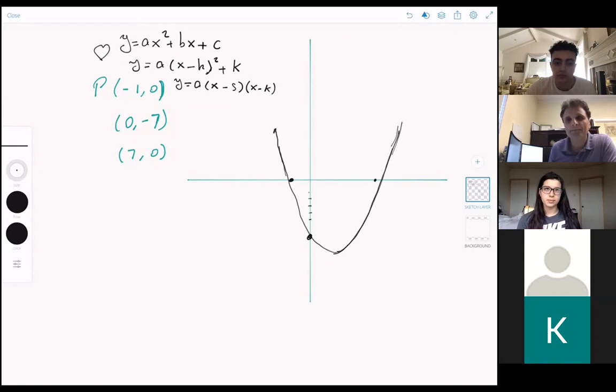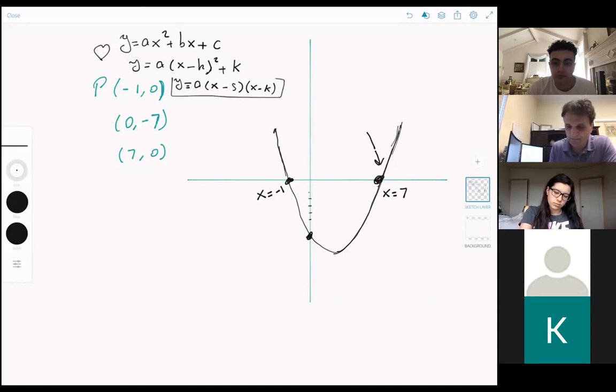You have a point here, a point there, a point there. So those are the x-intercepts, correct? That means here is x equal to 7, and here x equal to -1. So that's a perfect place to start the factor form.